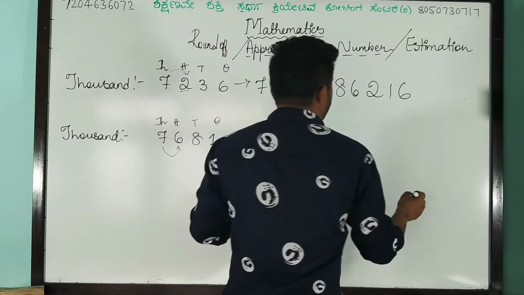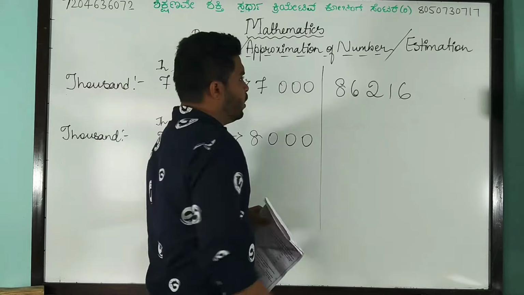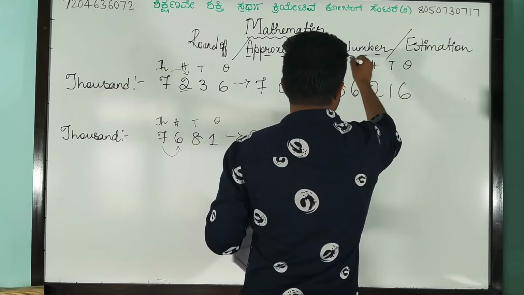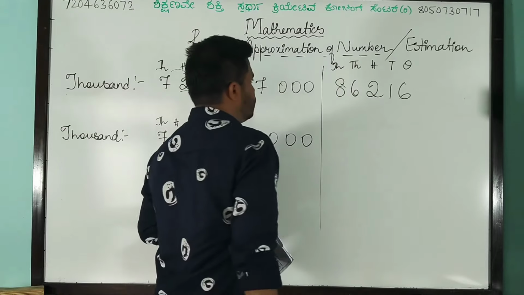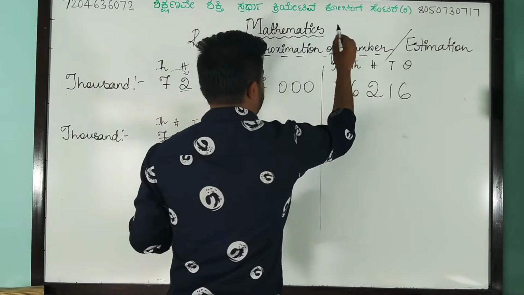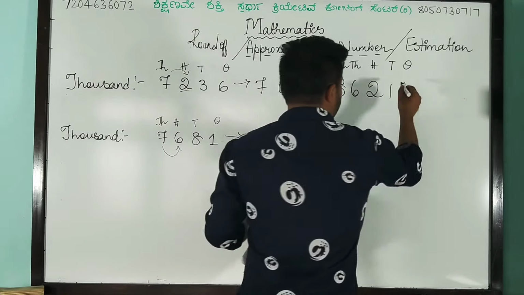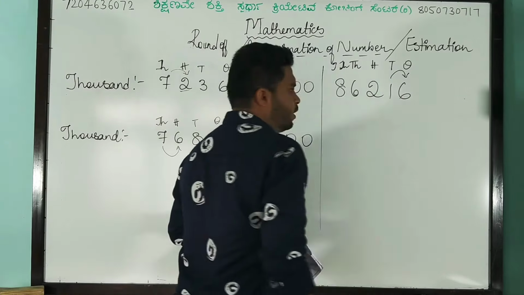First I will do it for the 10s place. Like this: 1s, 10s, 100s, 1000s, 10,000s.